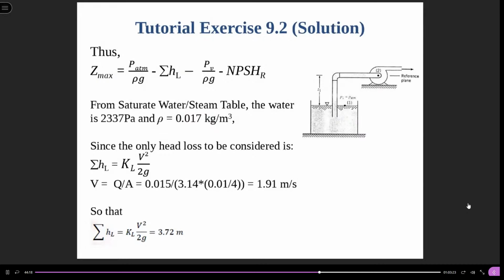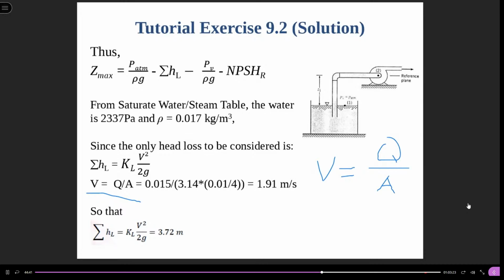The velocity of the water in the pipe can be calculated through the ratio of flow rate and area, right?